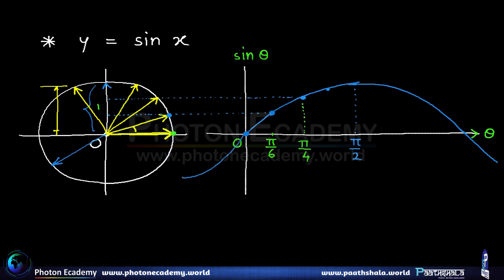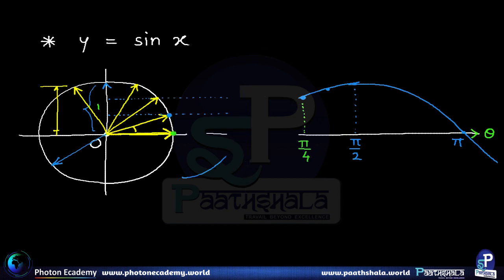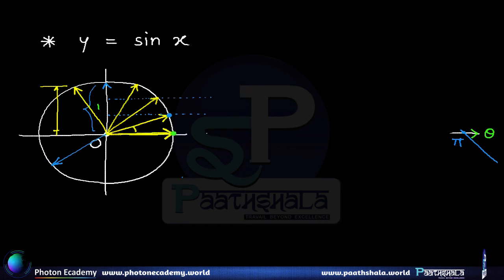Now if you want to see how the graph looks after the 180 degrees, that is pi radians, this is how the graph of the function looks like. So let us redraw this particular graph so that we will see one full cycle of the sine function.